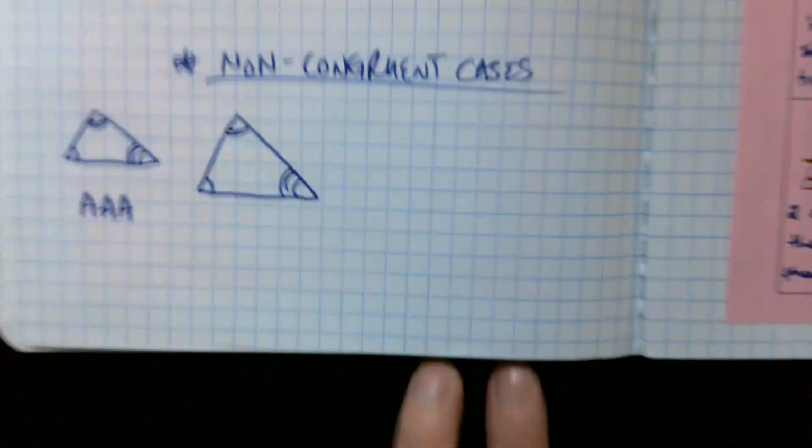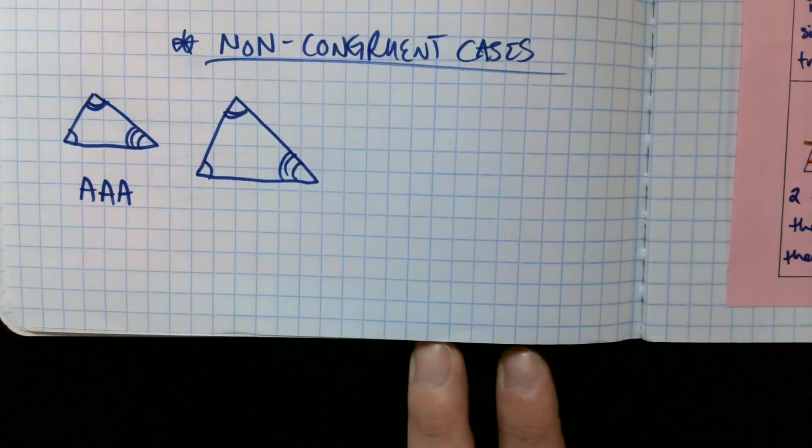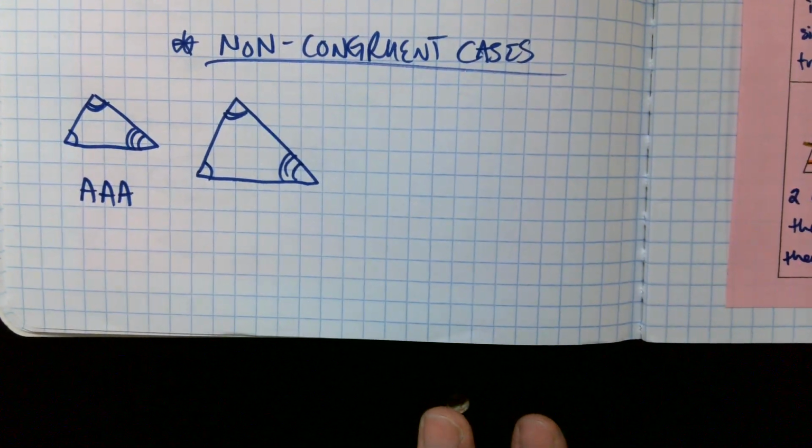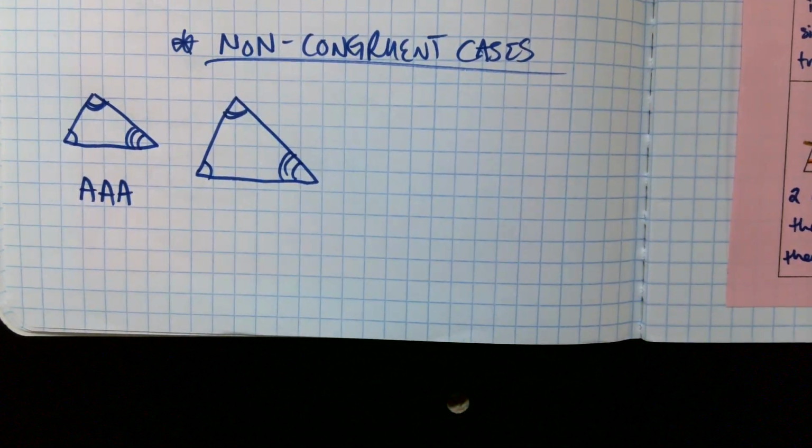Just because I have all three of the same angles, that doesn't necessarily mean they're congruent. It does mean they're similar, but not necessarily congruent.